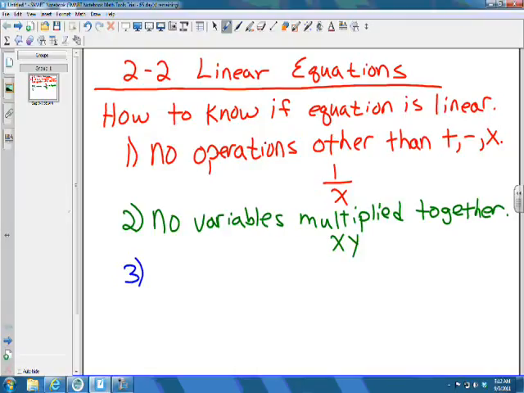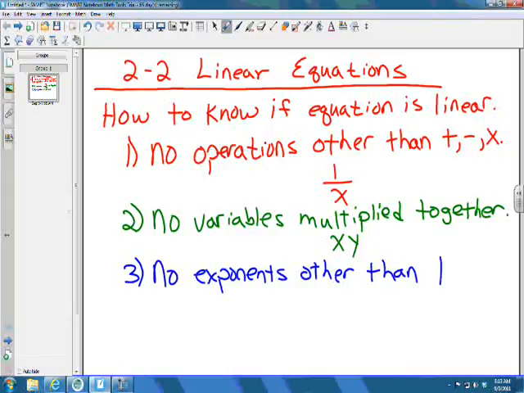Third, no exponents other than 1 with a variable. So you couldn't have an x to the third in the problem. If you have an x to the third, it is not linear. That would be a cubic function, which we'll get to later in the year.